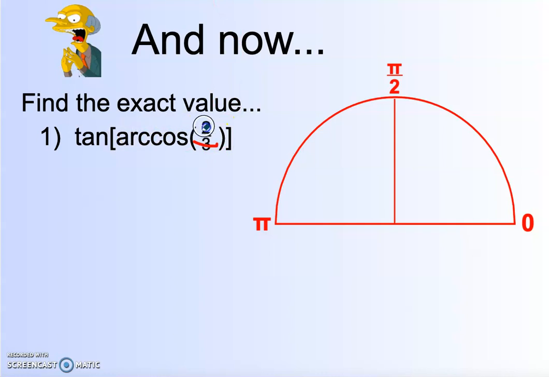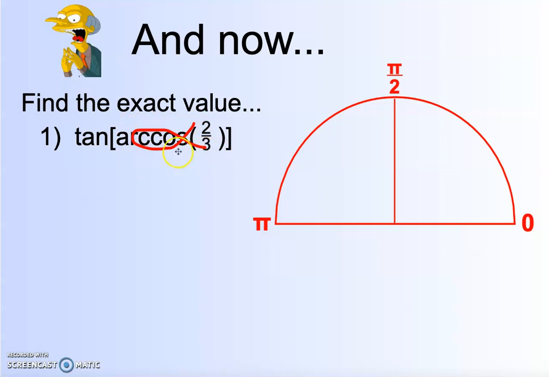What this is saying is there is some angle that produces a cosine value of 2/3. Now this is a positive 2/3. So basically we have an angle here. This is going to give us an angle, and I'm going to make this Greek letter alpha. A lot of times my kids call this the Jesus fish, but this is the Greek letter alpha.